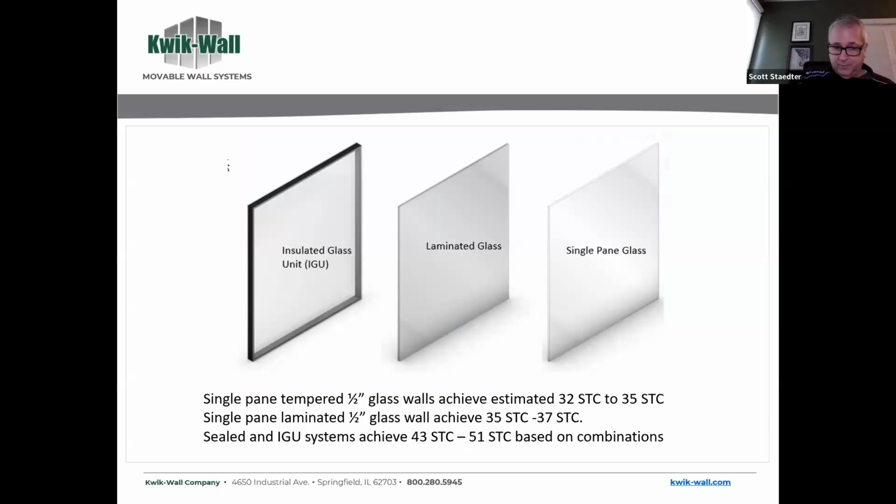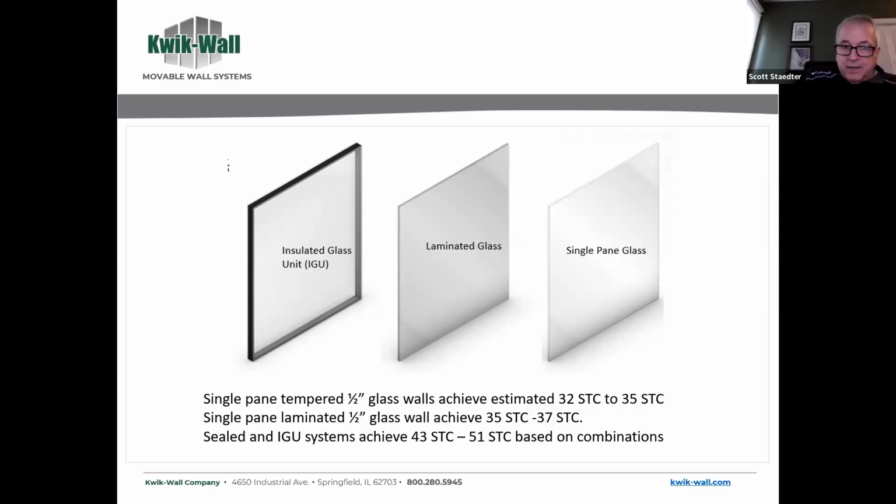If you're going with a single pane tempered half-inch glass, single pane is going to start at around 32, 35. Typically it's around 32, and then you can put a small frame on it, or have an unframed operable wall.